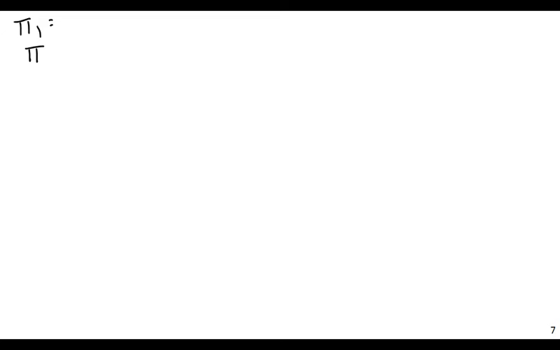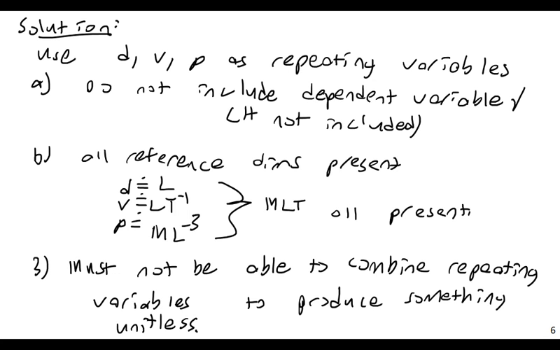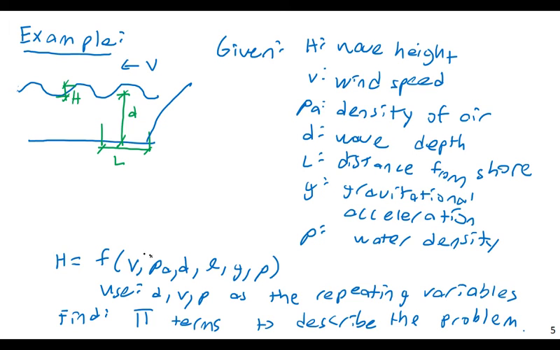So the more complex the problem, the more pi terms you need, and the more complex it becomes to find those. Even those 4 pi terms would be a little bit difficult to run experimentally, but it would still be a lot easier than the 7. How many do we have altogether? We have 1, 2, 3, 4, 5, so yes, the 7. So in this case, we'll be able to reduce it from 7 variables to 4 variables. Still a big reduction, but that's still a lot.